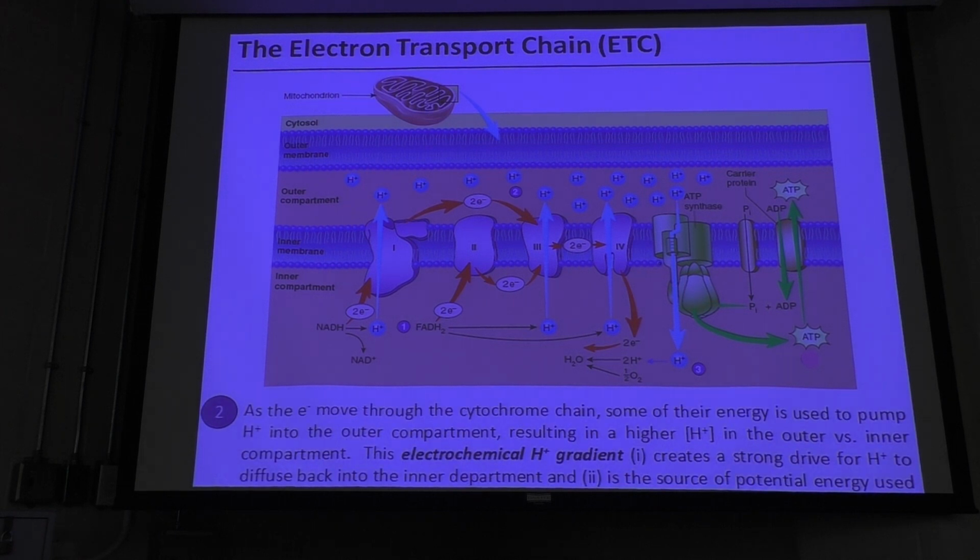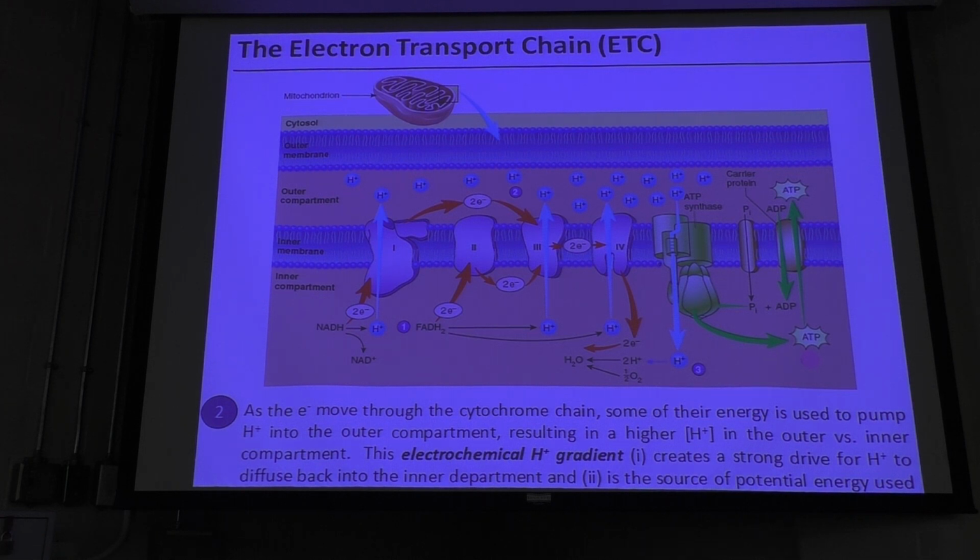As these electrons ultimately move through these four cytochrome complexes, some of their energy is used to pump hydrogen ions from the inner compartment into the outer compartment. And so basically it's this energy through these electrons that creates this electrochemical hydrogen ion gradient between the inner and the outer compartment of the mitochondria.